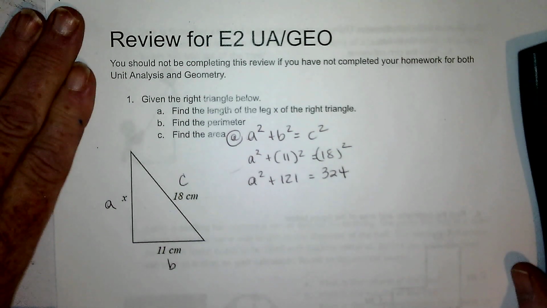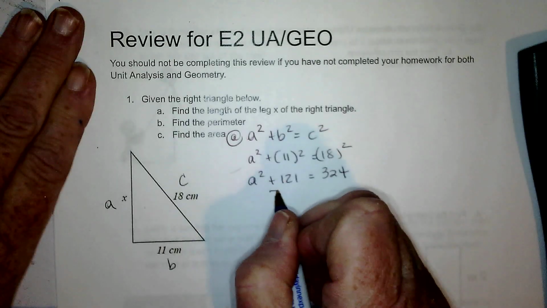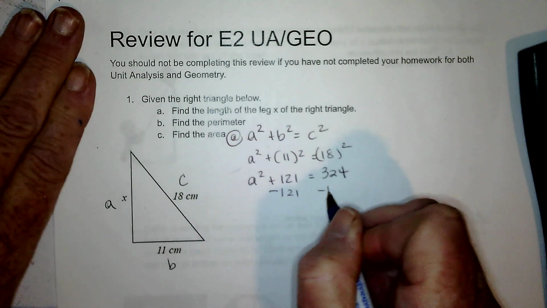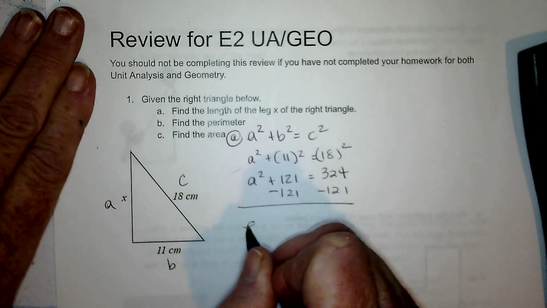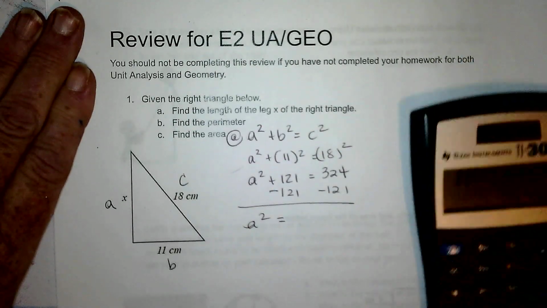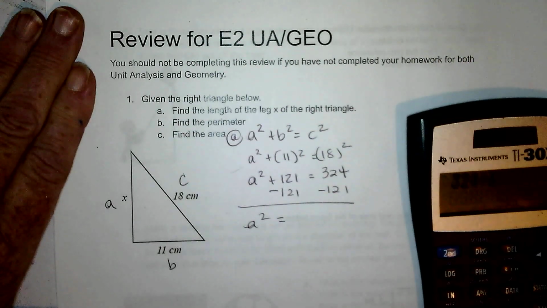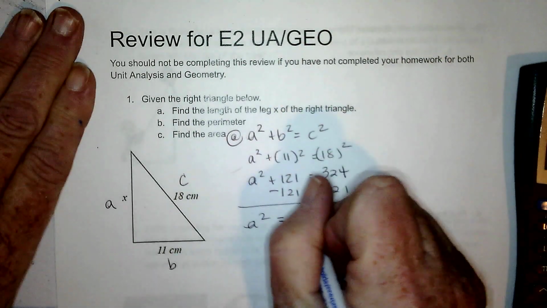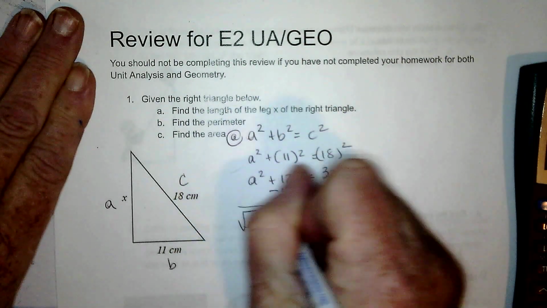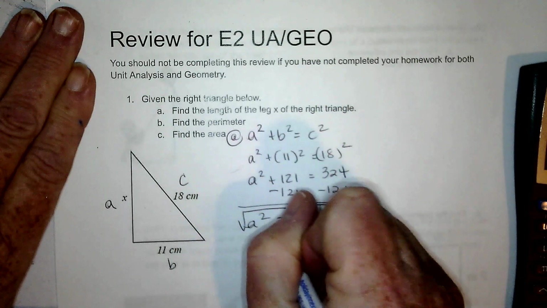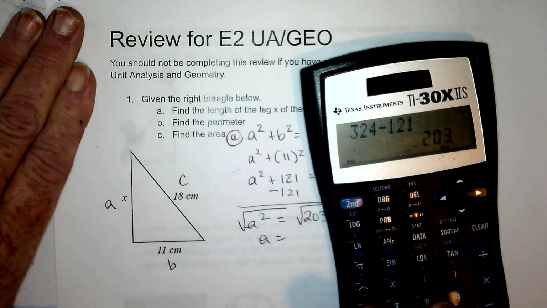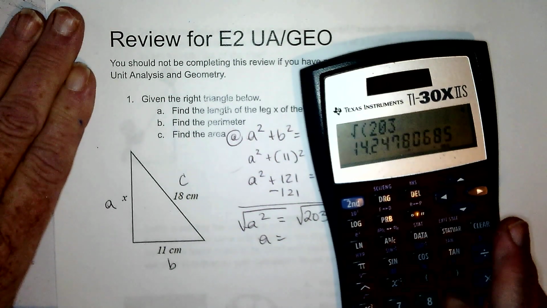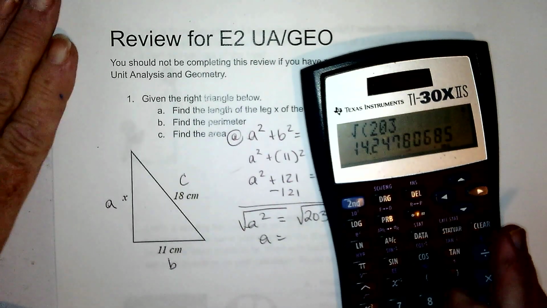Okay, now we're going to subtract 121 from both sides. A squared is equal to 324 minus 121, and that is 203. Now we take the square root of both sides, and a is equal to the square root of 203, which is 14.2.